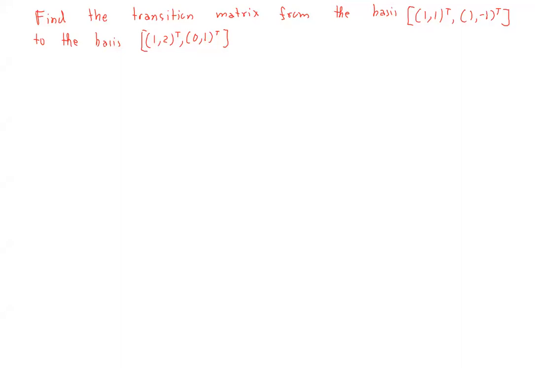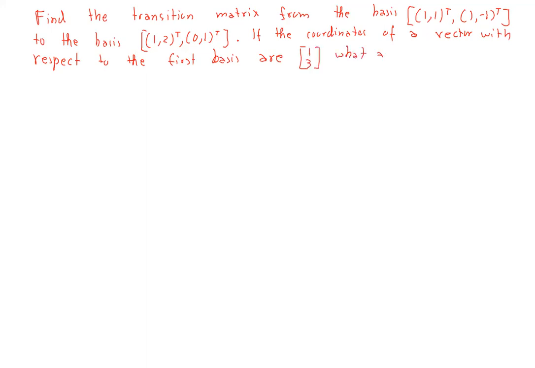And also, I would like to give you a second question, which is, if the coordinates of a vector with respect to the first basis are 1 and 3, what are the coordinates of the same vector with respect to the second basis?